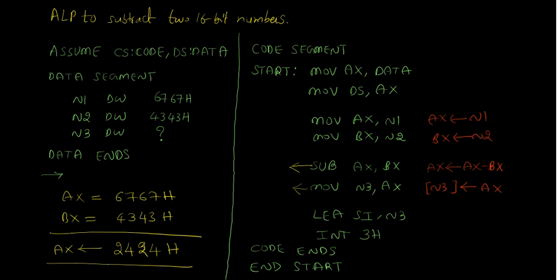And LEA SI, n3: after this instruction, the address value of this n3 location will be loaded to si.